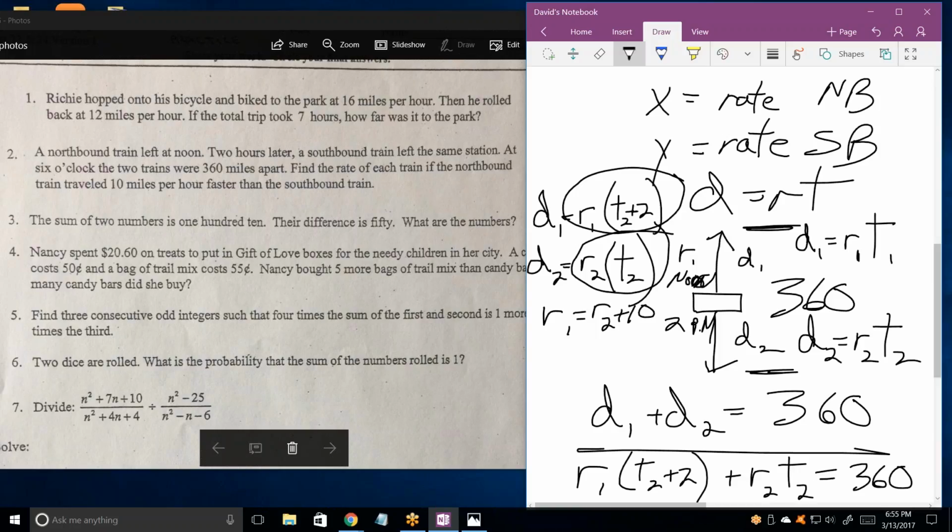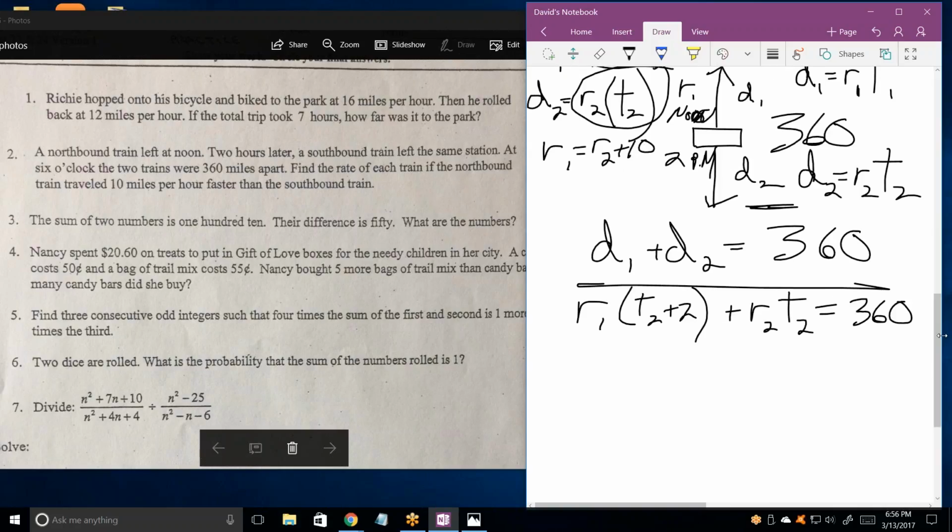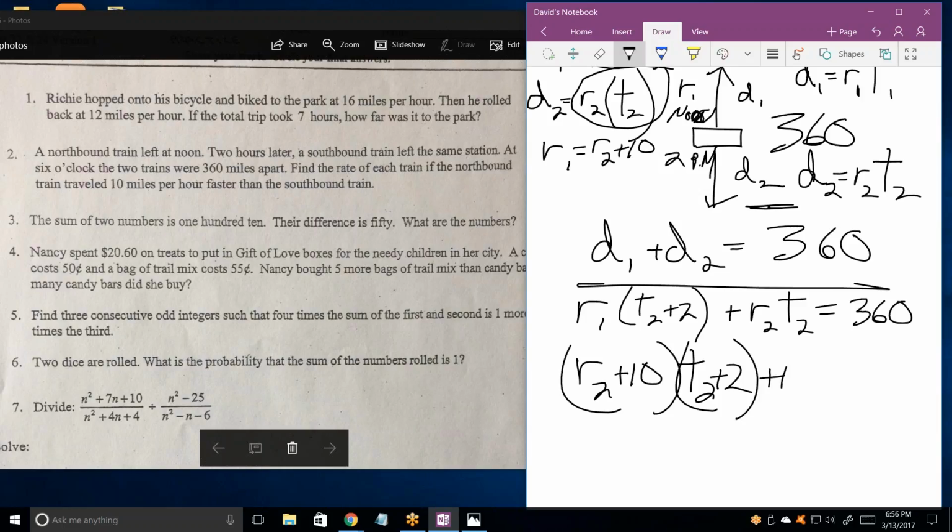Okay, let's go down and substitute that. In other words, we gradually want to eliminate our variables until we get to a point where we can solve it. So in place of r sub 1, I'm going to write r sub 2 plus 10, still times t sub 2 plus 2, plus r sub 2, t sub 2.